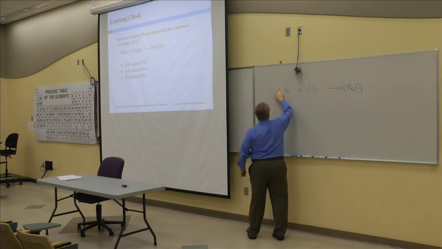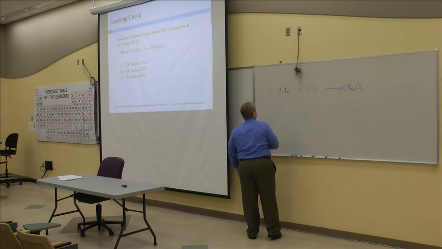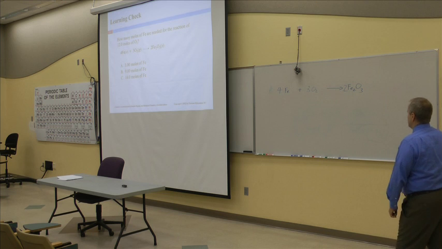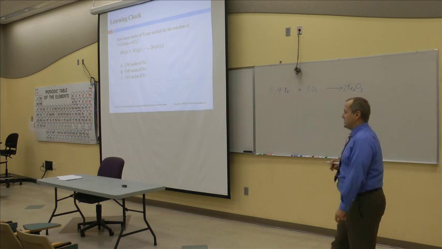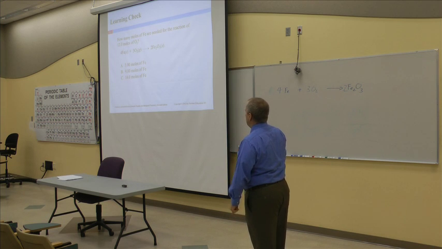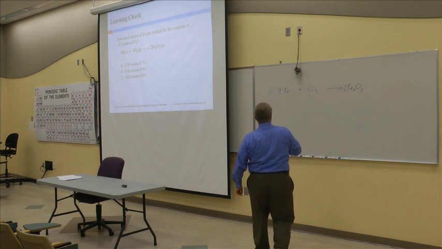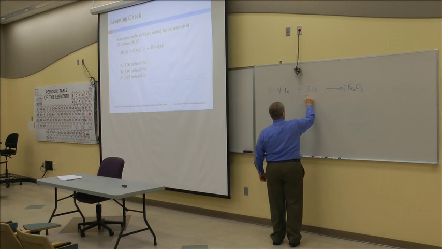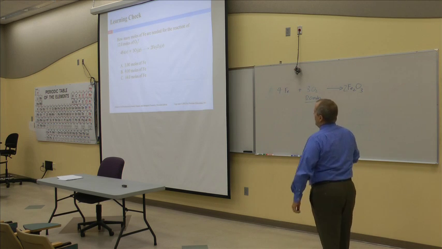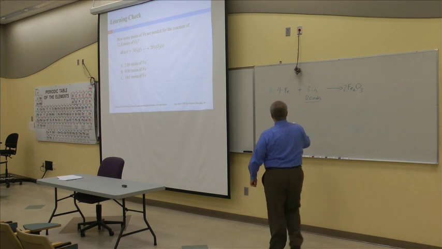We have 4 iron plus 3 O2 gives me 2 molecules of Fe2O3. So now, the question says I have 12 moles of oxygen. So 12 moles, I just write it right here. That way I keep track of it. 12 moles of oxygen. How many moles of iron? So I'll put a question mark right here.